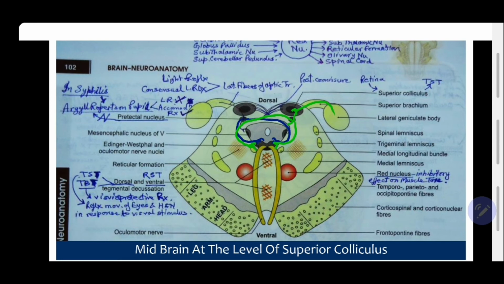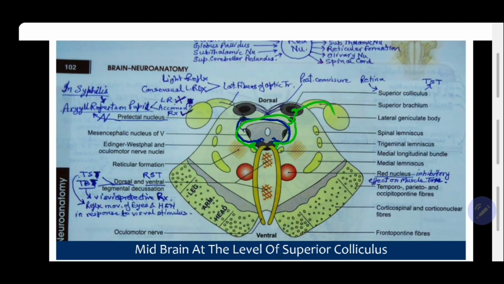If you have got this funda clear, make sure you're getting everything clear, because this will lead to a lot of clinical conditions. Innervating the Edinger-Westphal nuclei on both the sides by the pretectal nucleus stimulates the parasympathetic outflow to both the eyes.